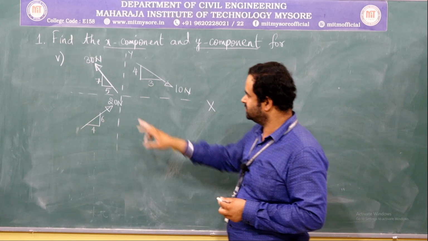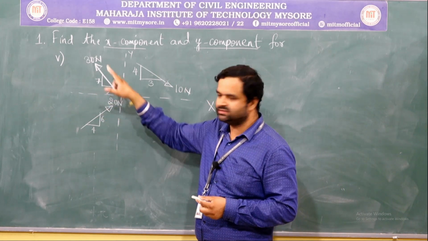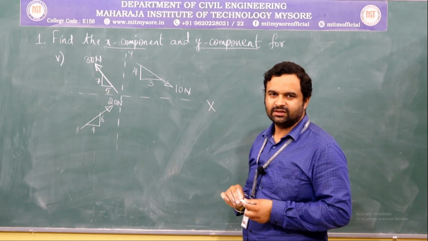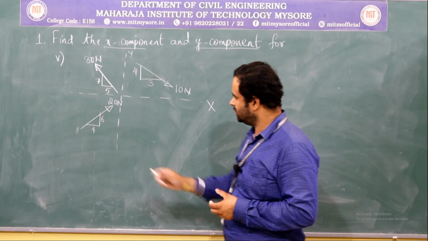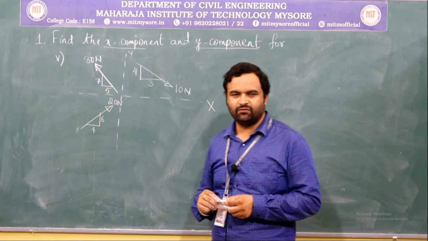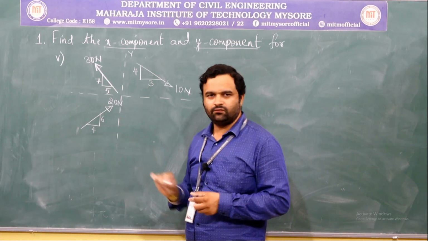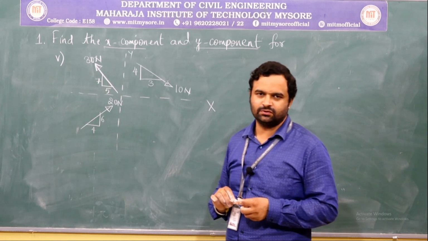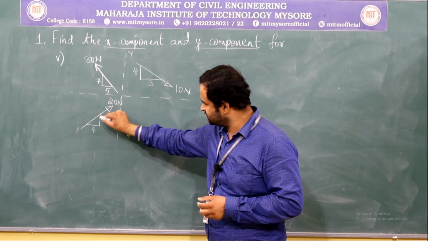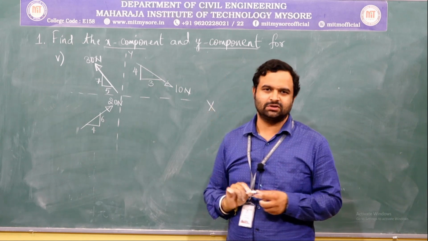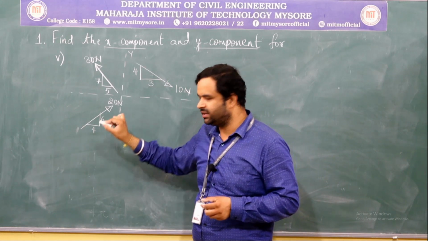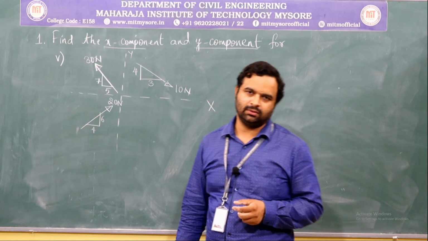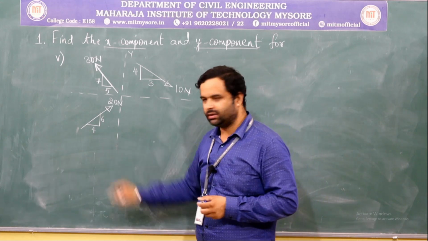Okay, and observe the second force, it is easily passing in the second quadrant. Next, coming to the third quadrant, if you observe the arrowhead or the direction of this force, it looks like it is passing towards the first quadrant, but it is located in the third quadrant.